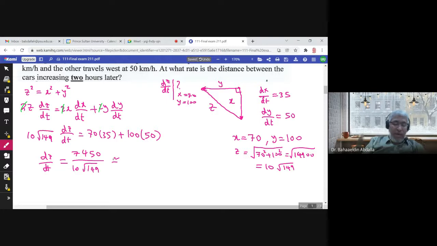This is an irrational number, exactly equal to 745 over the square root of 149, and it's approximately equal to 61.03 kilometers per hour. This is dz by dt, the rate at which the distance is increasing, 61 kilometers per hour.